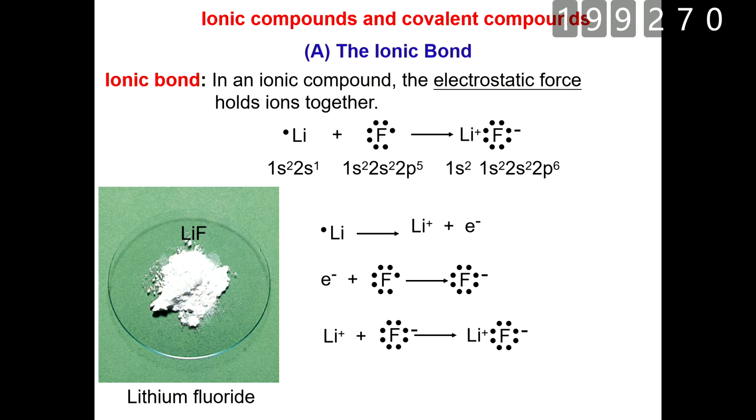When it reacts with the fluoride, or when it forms lithium fluoride, it says it loses one electron. When it loses that electron, it remains with two electrons, it only has the 1s2 electrons. So those two electrons are not shown in the diagram.